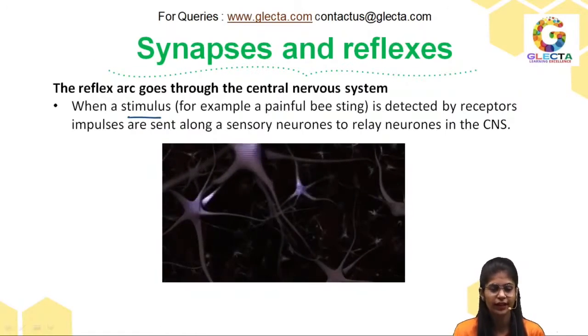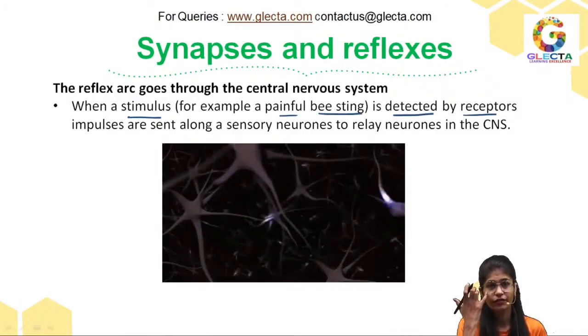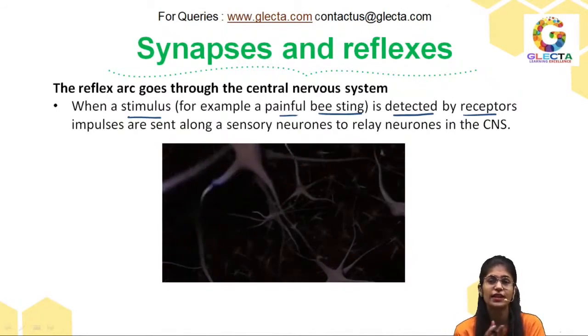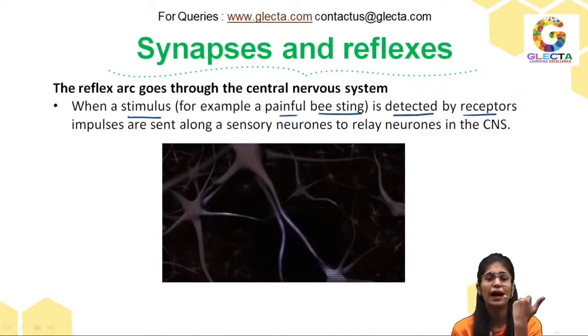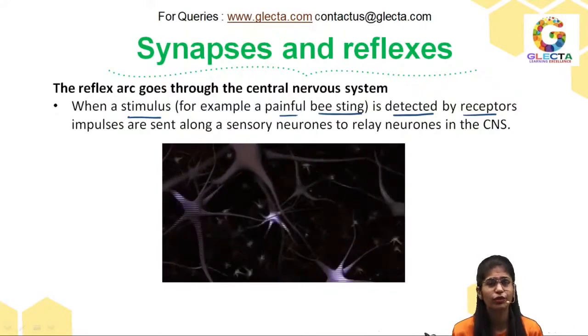So we're going to take an example of a painful bee sting. That is going to be detected by your receptors wherever the bee has stung you, for example, your arm, your hand, your palm, your shoulders, any part of the body.